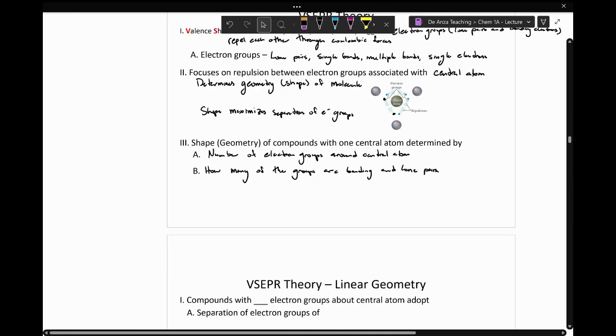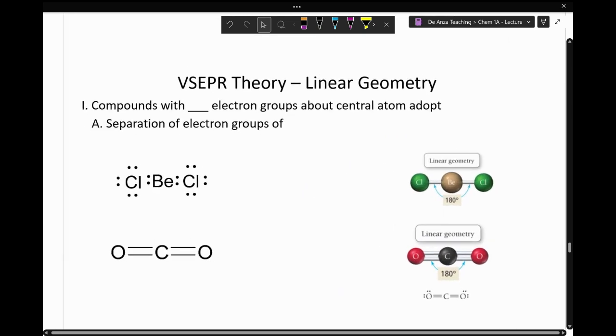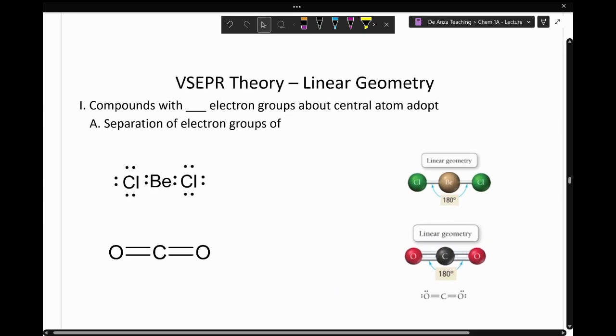Okay. So we're going to make a distinction between bonding groups and lone pairs. And we're going to basically shuffle through each of the different types of geometries.